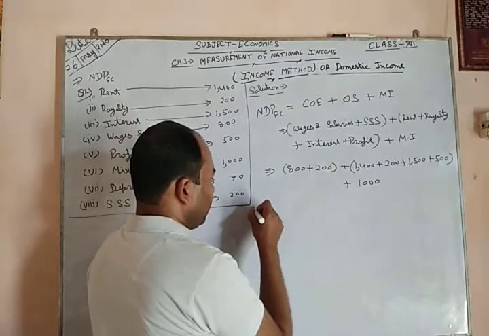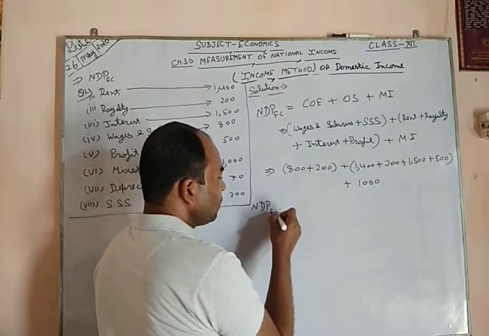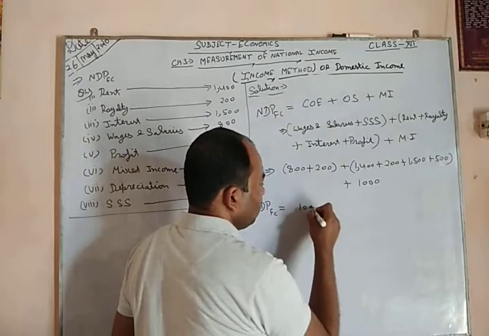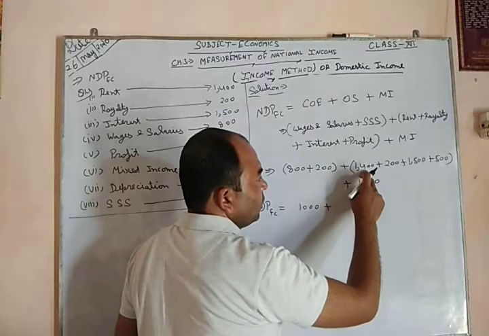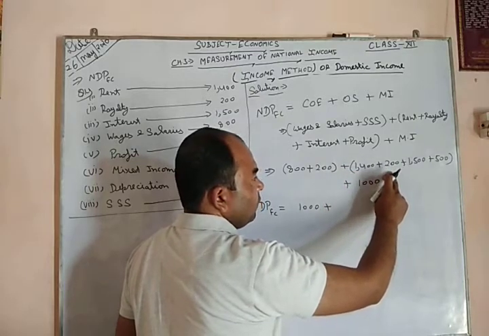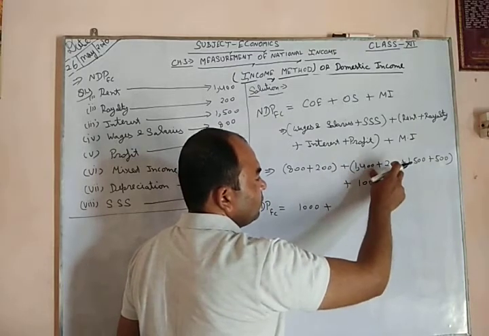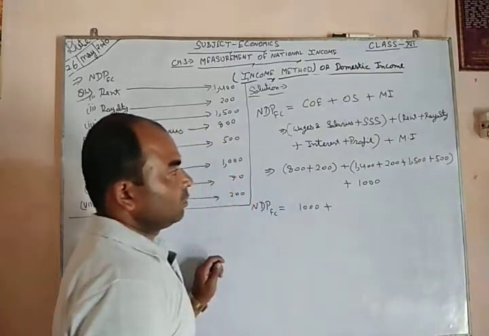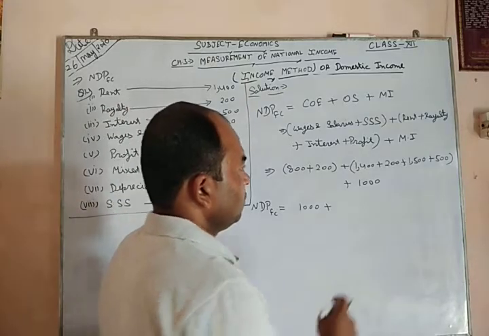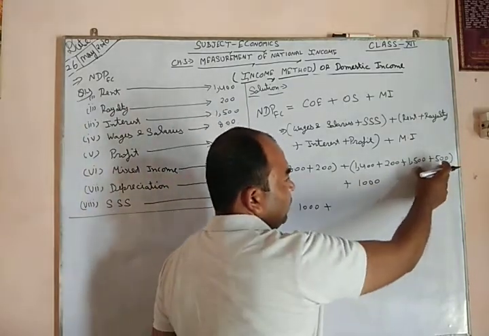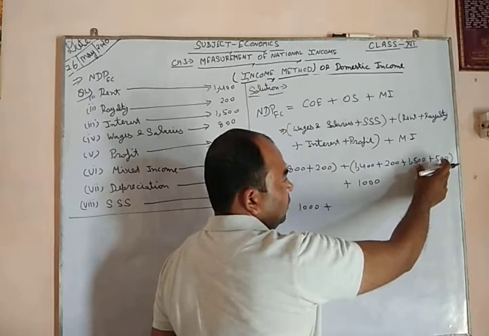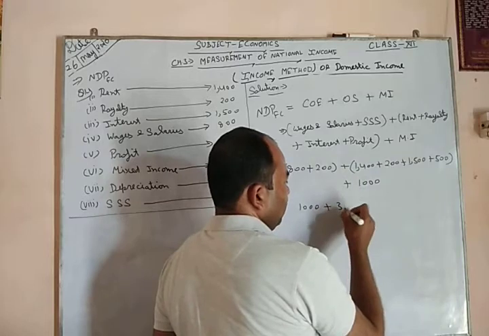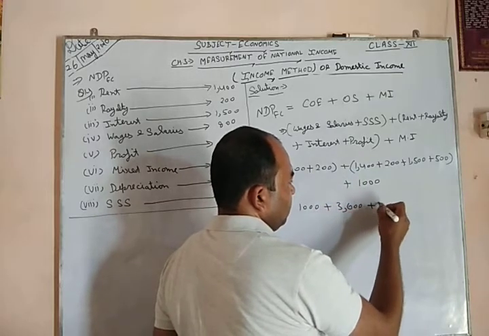Now by the help of these components: 800, 200, 1000, plus 1400, 200, 1600, 1700, 1500, and 500, 200, 2000, 3400 or 3600, plus 1000.